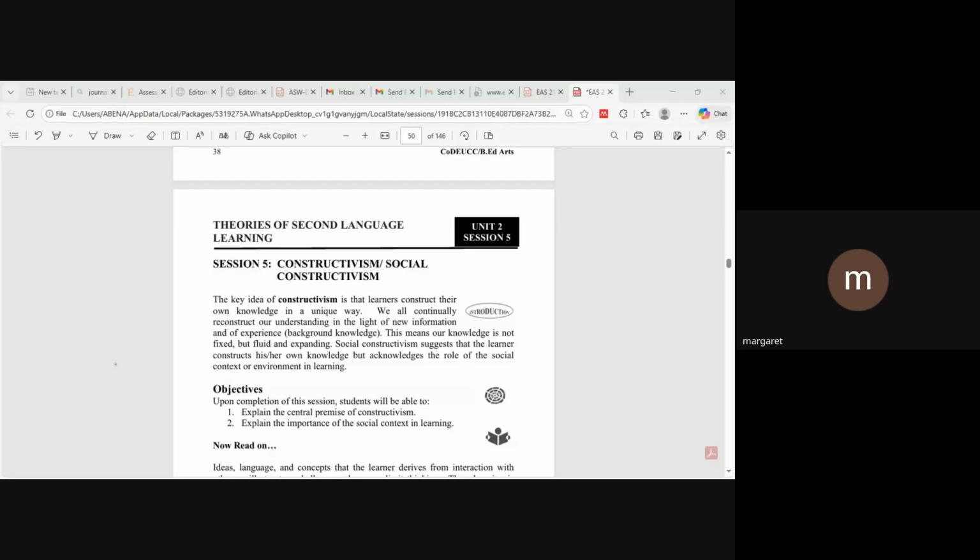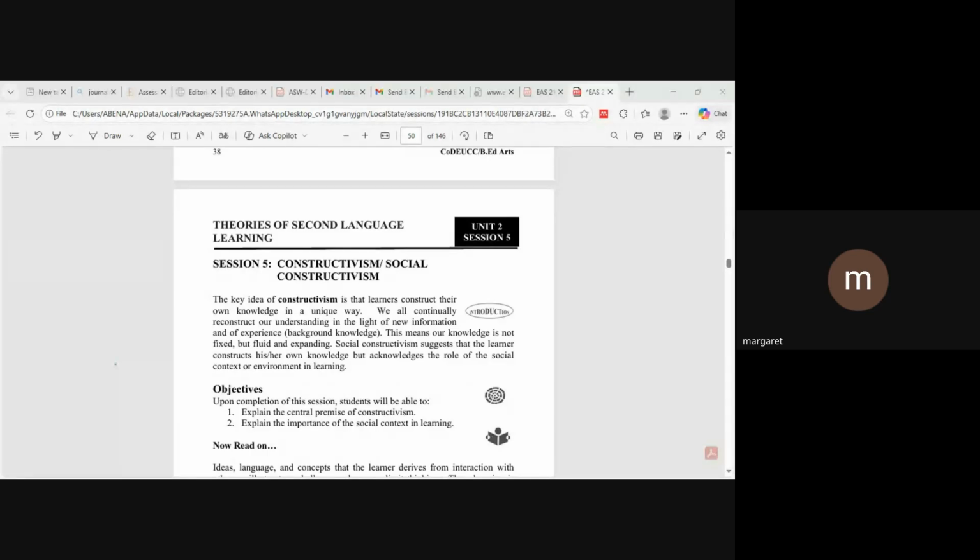Okay, so in this sense, according to constructivist theory, knowledge is not fixed. It is fluid and expanding. What we mean is that as the learner continues to explore, the more the learner is gaining something new, the more the learner is able to construct something new from the learning situation.